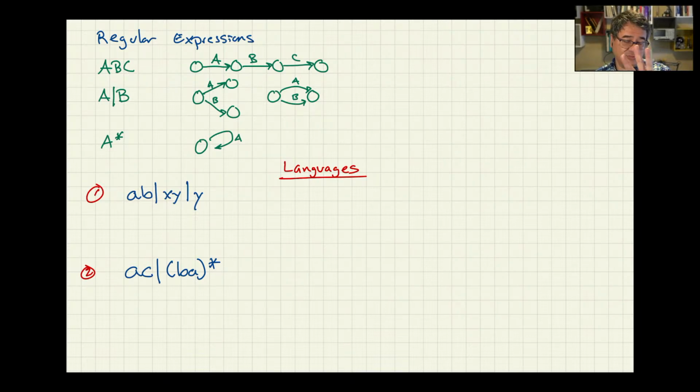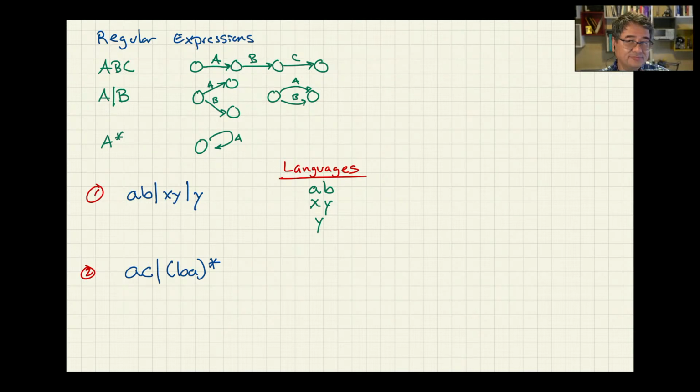As I said, there's just 3 here, so this one's pretty easy. You're asking for the options for number 1? Yeah. So would it just be AB, XY, and Y? That's good. AB, XY, and Y.